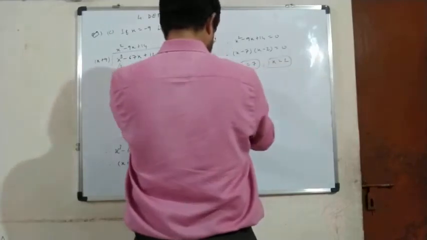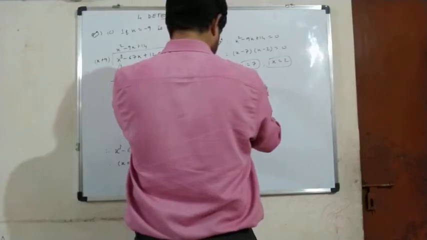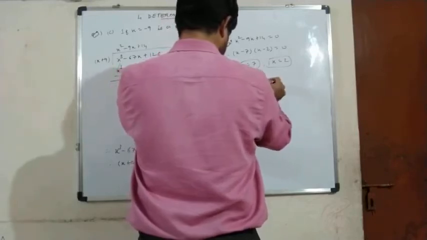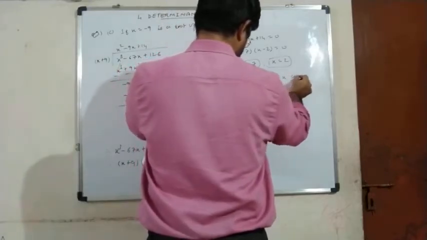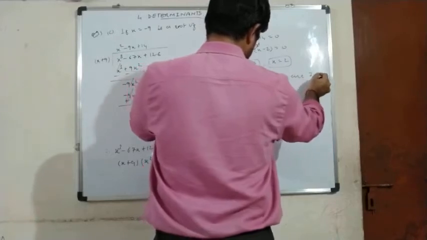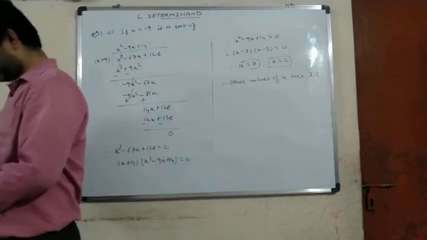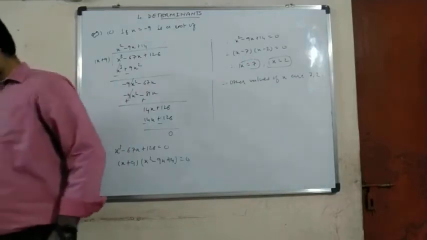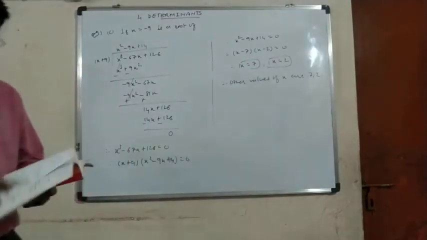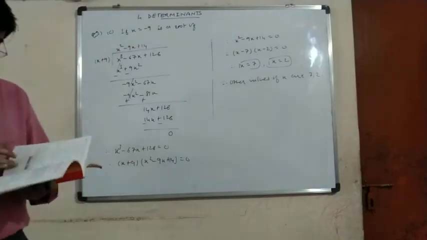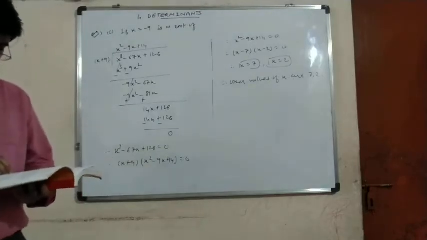So the other values of x are 7 and 2. Clear? So this is the answer. Question number 9C we have completed. We got the two values to be 7 and 2.